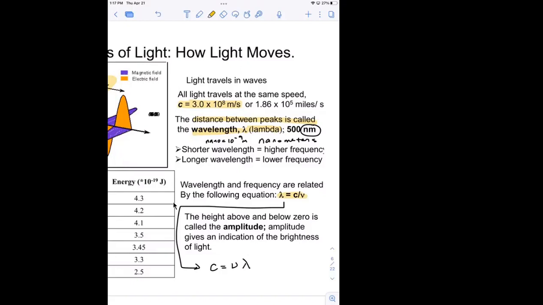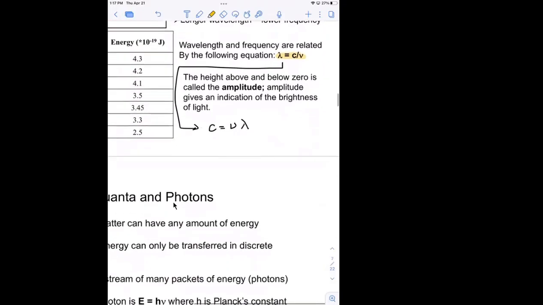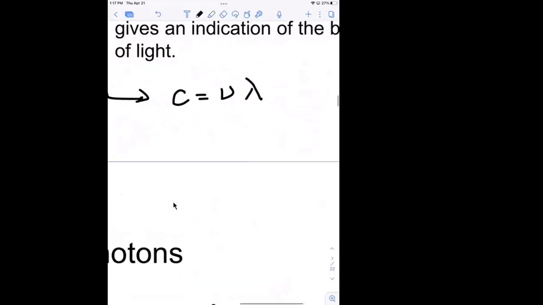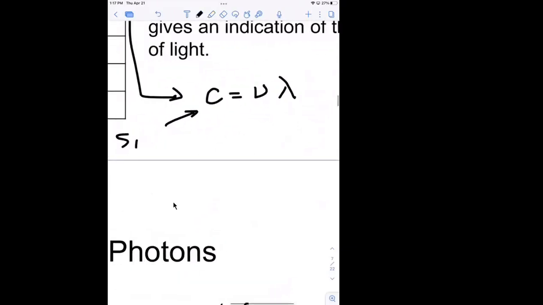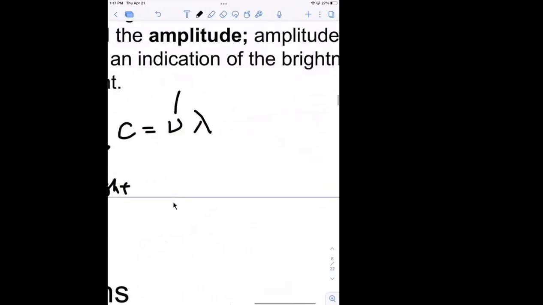And so when we think about light and the speed of light and the wavelength and the frequency, this is how they're related, right? So the speed of light, c, and this is the frequency of whatever the light may be. It can be any kind of light.